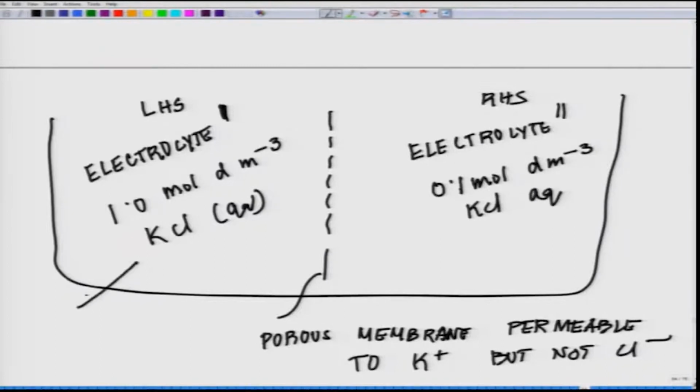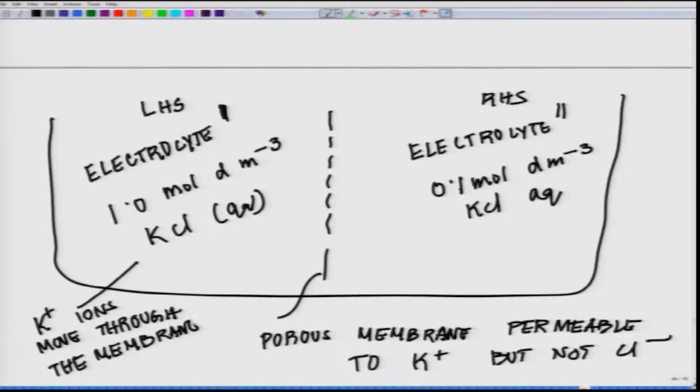Now, the potassium ions move through the membrane due to the concentration difference, because on this side you have higher potassium.